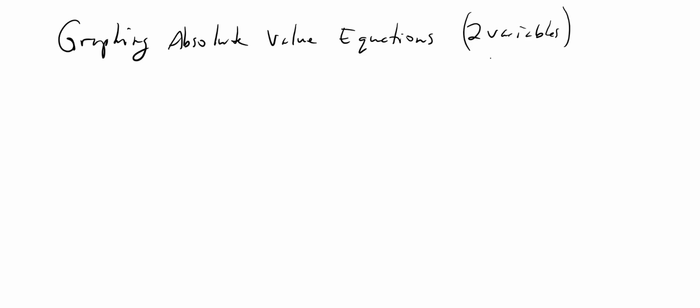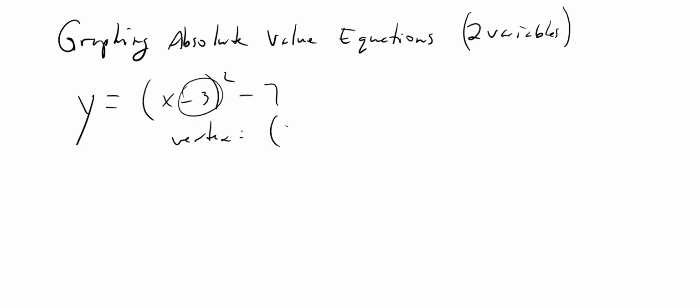So this is just like vertex form of a quadratic. It's almost identical. So let me write one of those out. This is what I taught you guys yesterday. If I had y is equal to x minus 3 squared minus 7, your vertex would be the opposite of this, so 3 comma negative 7.